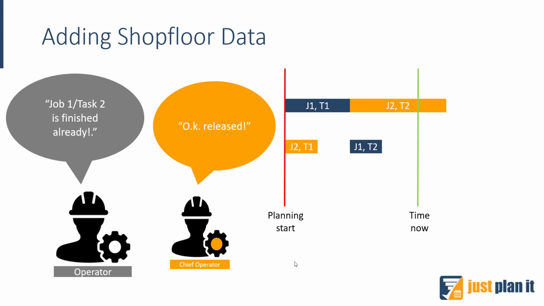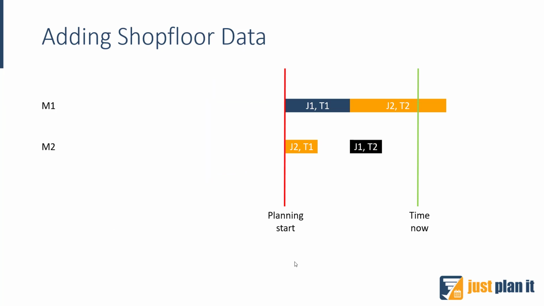So here it says job 1 task 2 is finished already. That means you get the information that this task here is colored in black, but normally you should also have the information that the predecessor task 1 is finished already. As this information is missing, it implies it must be finished due to the routing.